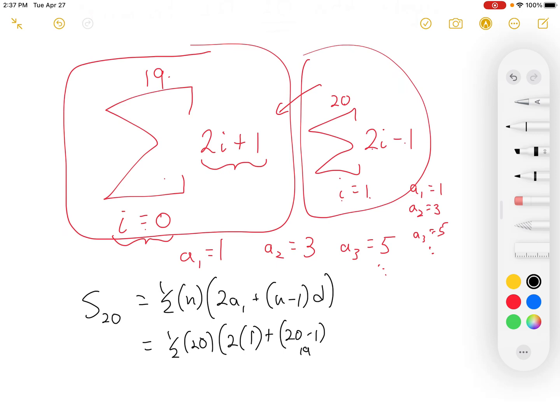So 20 minus 1 is 19. The common difference is 2. So let's see what that sum is. That's 10, half of 20, times 2 plus 38. I got 400 because that's 40. So check my math. I'm pretty sure that's correct.